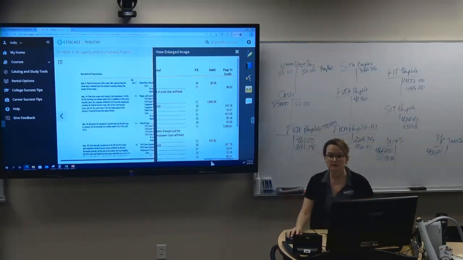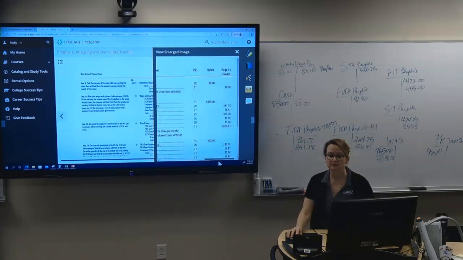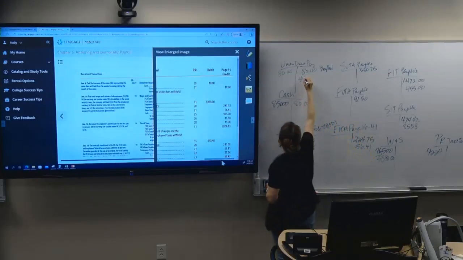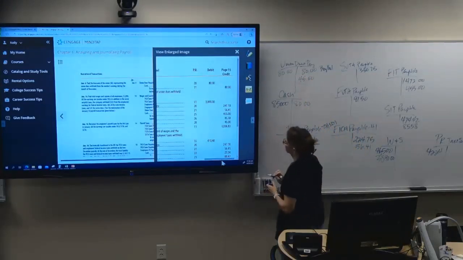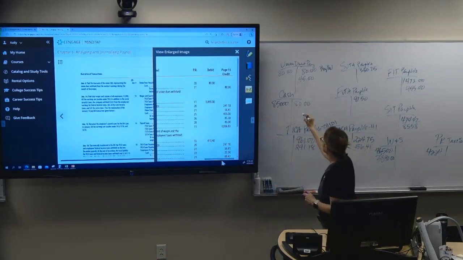And then we've got union dues payable of $45. All right, so union dues must have gone up in price. And then we got cash out of 300683.